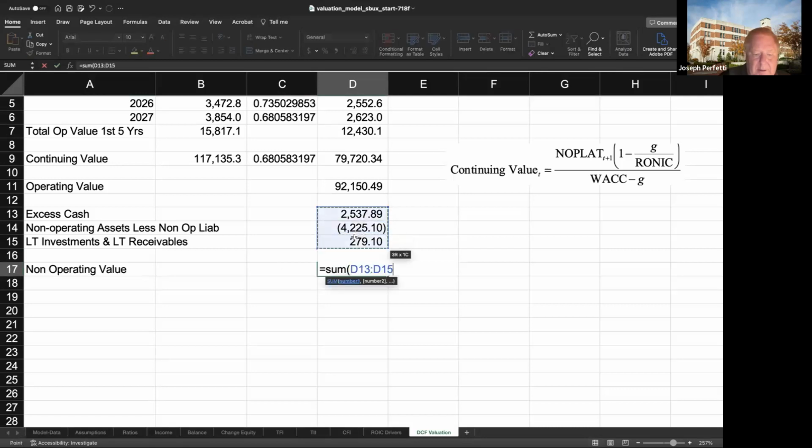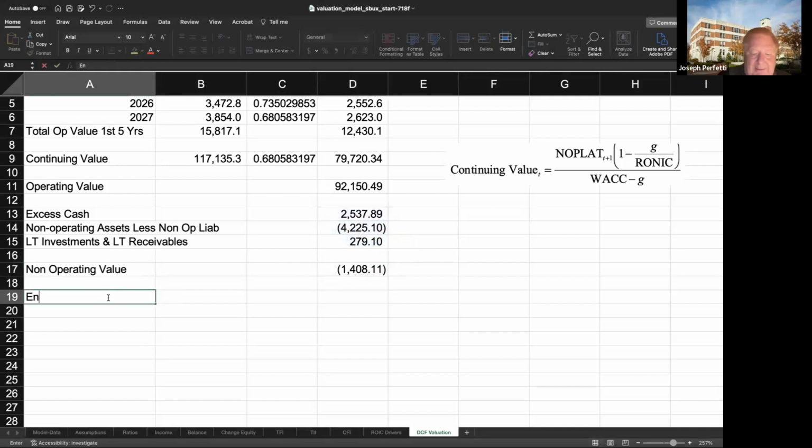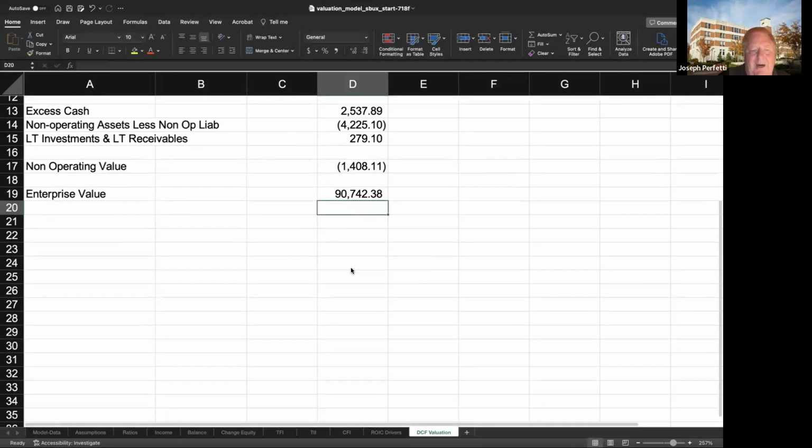Negative 1.4 billion. Operating plus non-operating equals enterprise value. Enterprise value equals operating value plus the non-operating value. All right.